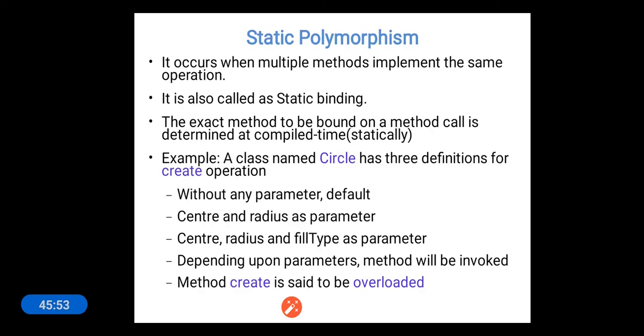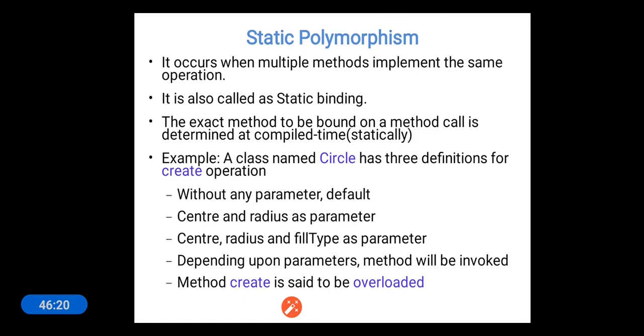Now let us see static polymorphism. Generally it occurs where multiple methods implement the same operation. Whenever multiple methods implement the same operation, it is called static polymorphism, and it is also called static binding. For example, let us consider a class named Circle that has three definitions for the create operation.